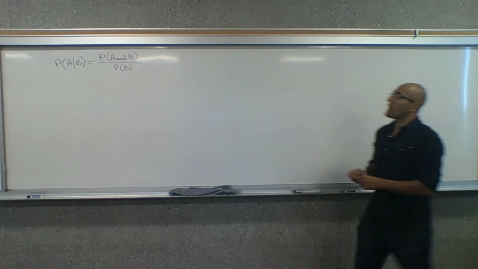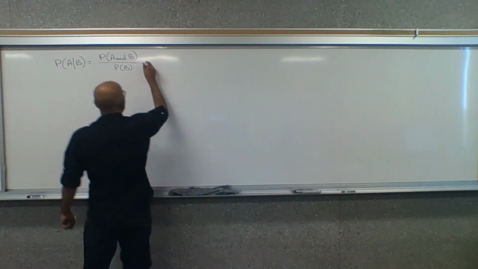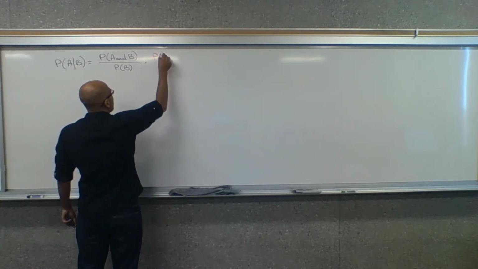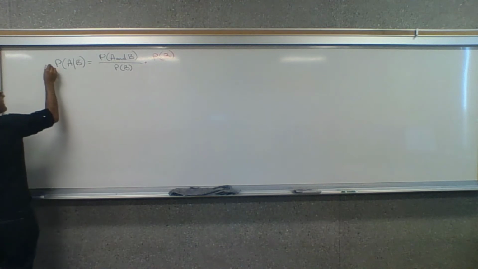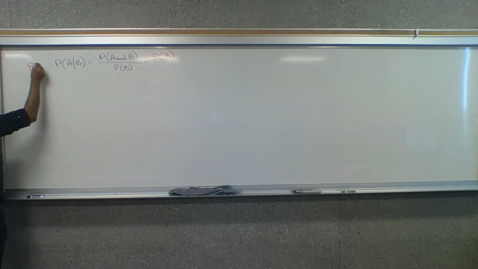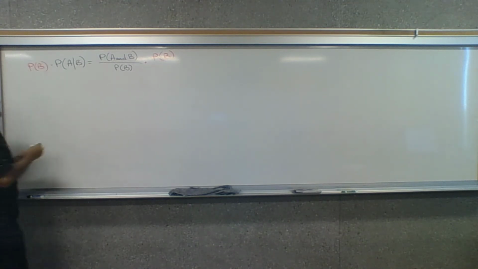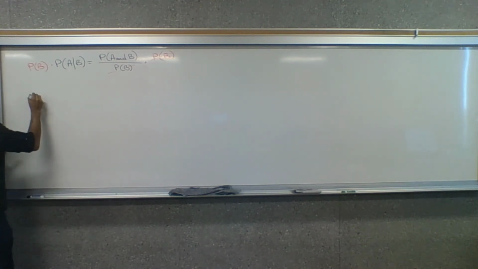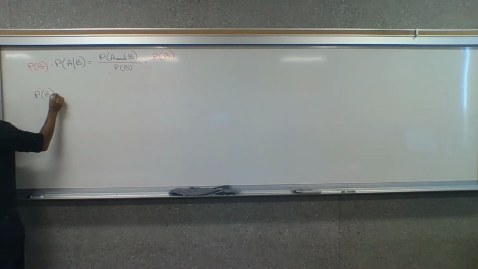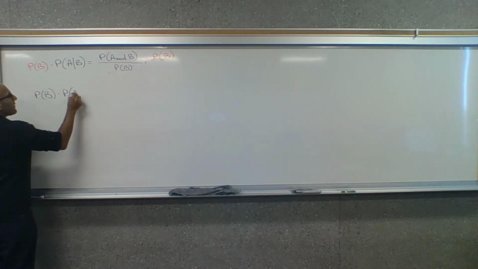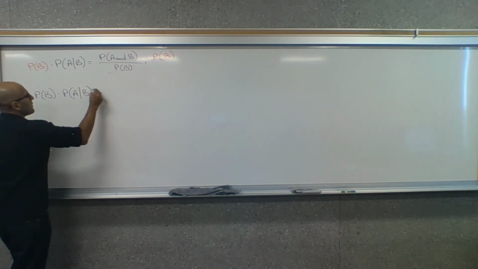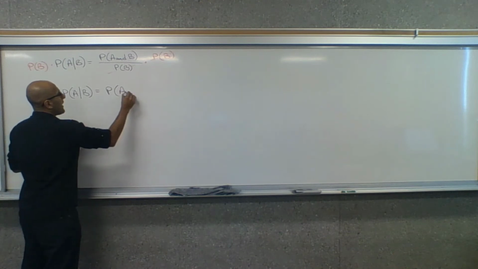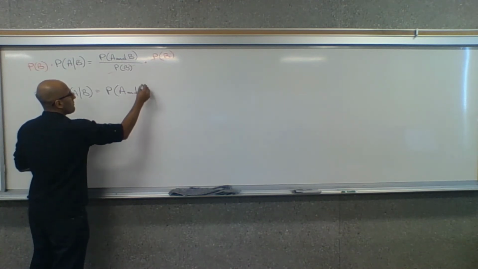I'm going to multiply both sides of this equal sign by the P of B. Multiply this side by the P of B. And then what happens? These guys cancel. And so I end up with probability of B times the probability of A given B is equal to the probability of A and B.